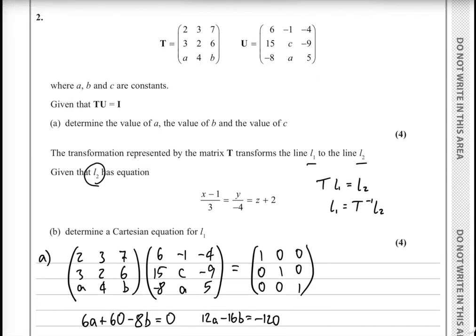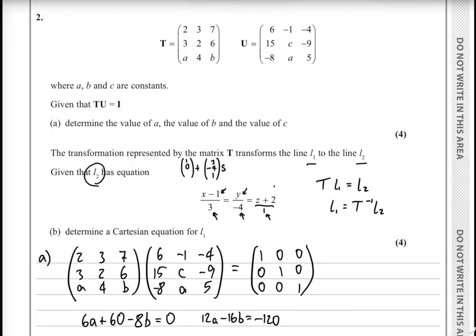So I need a general point out of this rather than a Cartesian equation. So we've got 3, minus 4 and 1 from these numbers here, and that's my direction vector. And then the numbers here give me the point that I need. So that's a 1. Here that would be minus 0.